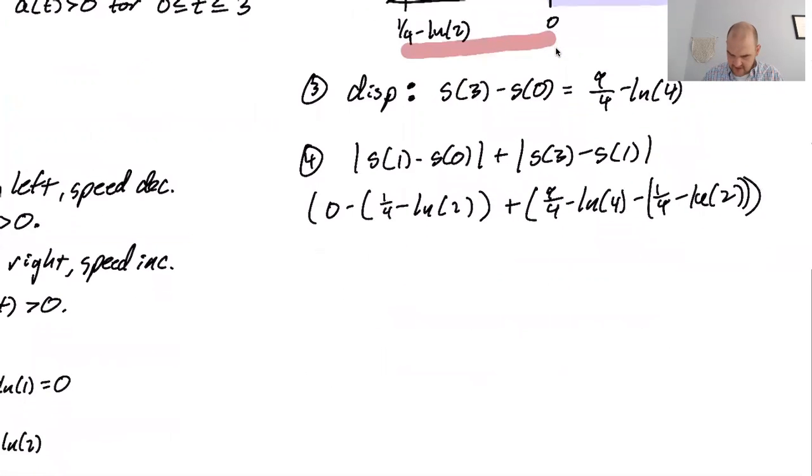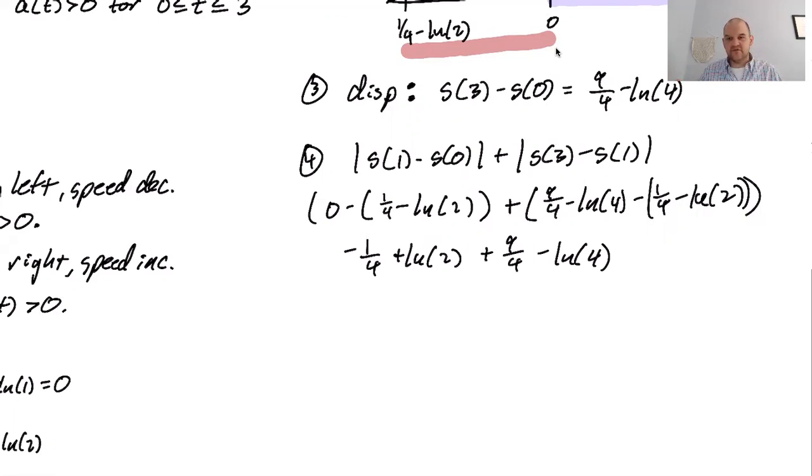Okay, so let's see, what do we have going on? I'm getting negative 1/4 plus natural log of 2 plus natural log of 4 minus natural log of 4. Did I say 9/4 wrong? Maybe I said 9/4.